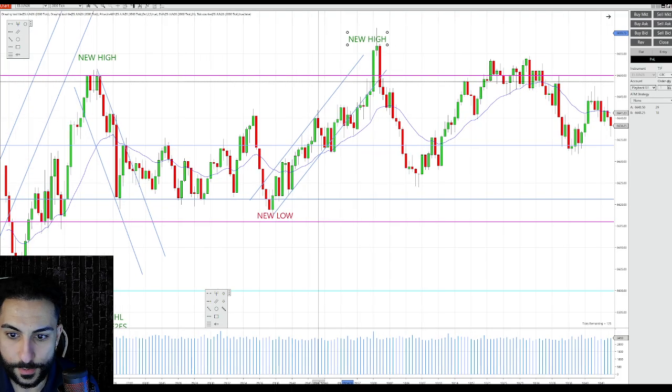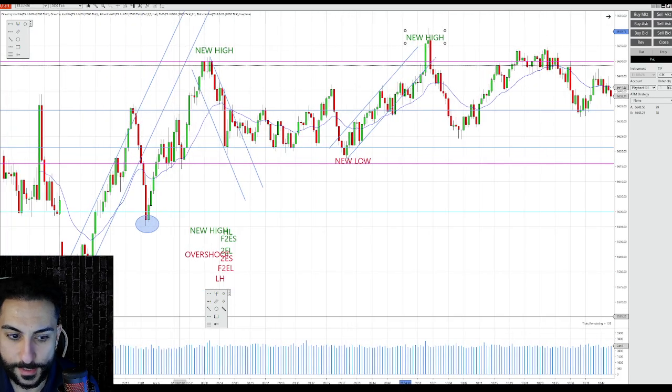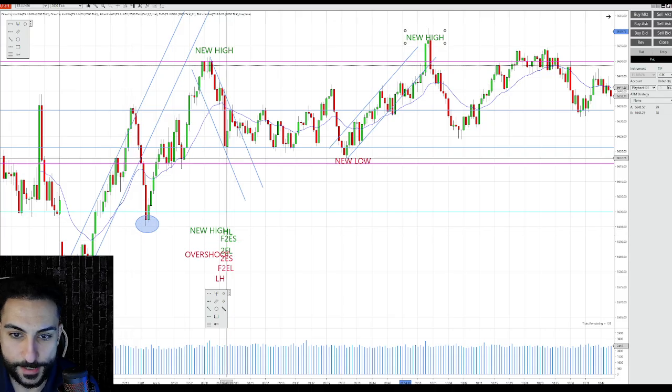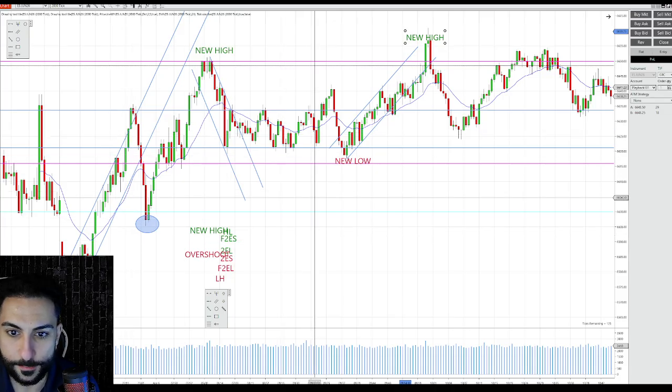I also zoomed out and I saw pivots of higher lows as well as higher highs. As you can see, each high is higher. So I did see a bit of an imbalance.